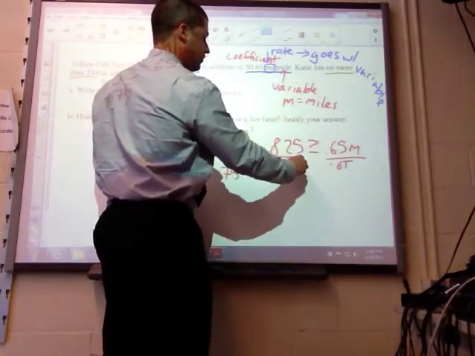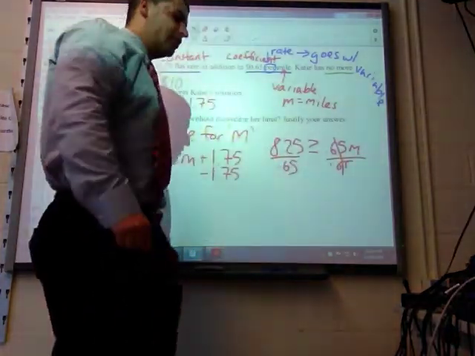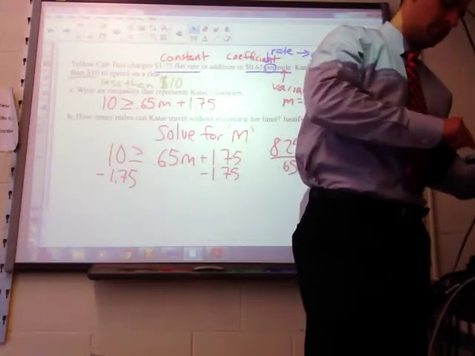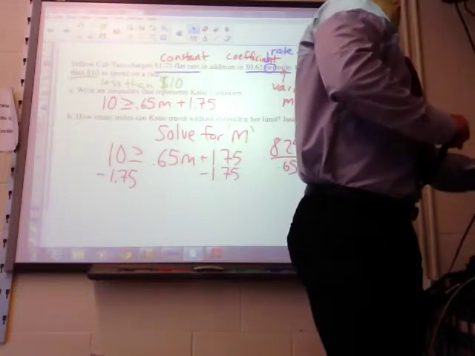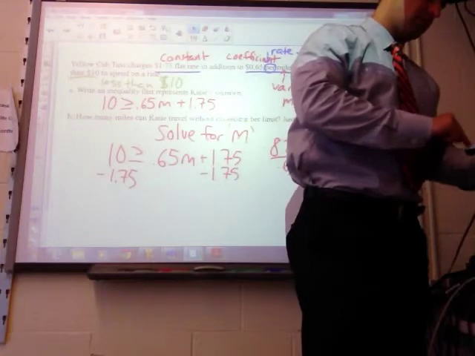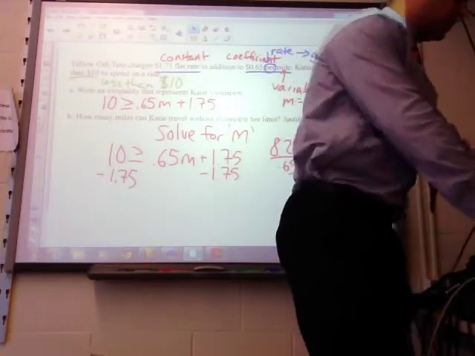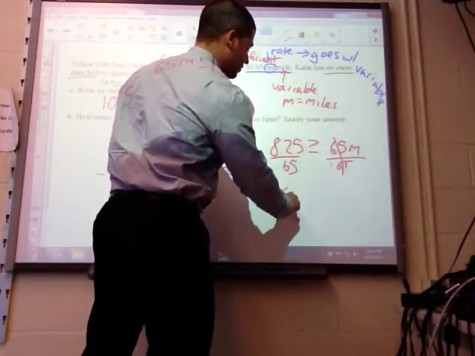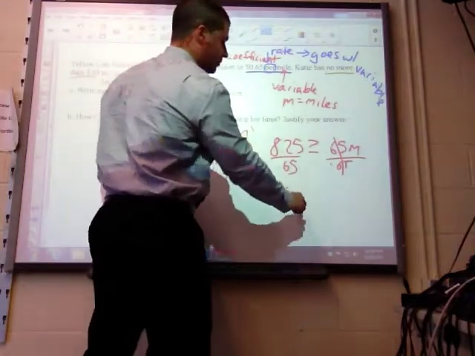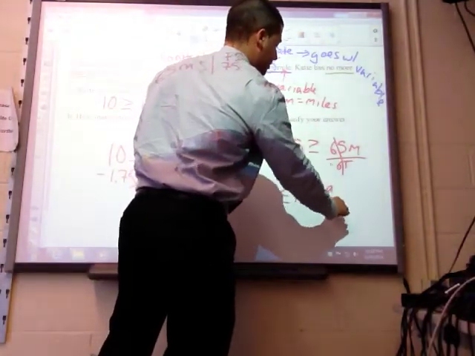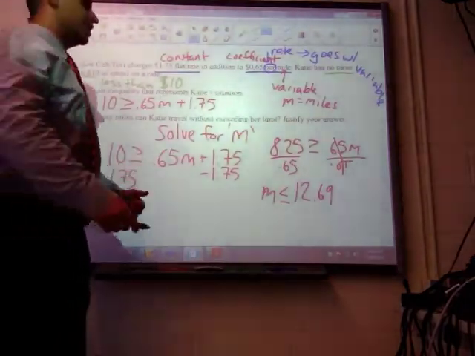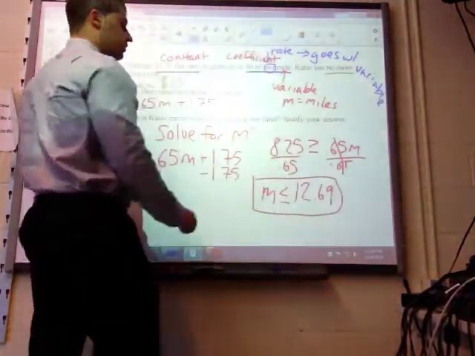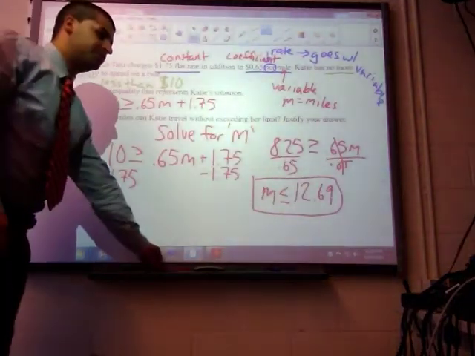Divide by 0.65, just like we're solving any other equation, and we'll get 12.69 miles. So m is less than or equal to, notice if I pull the m over, I have to flip the sign, 12.69 miles. Now you can't round up because that would be more than your money here. So you have to be this exact or round down because you only have $10 to spend.